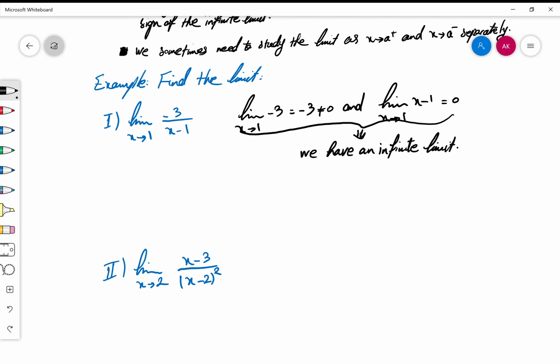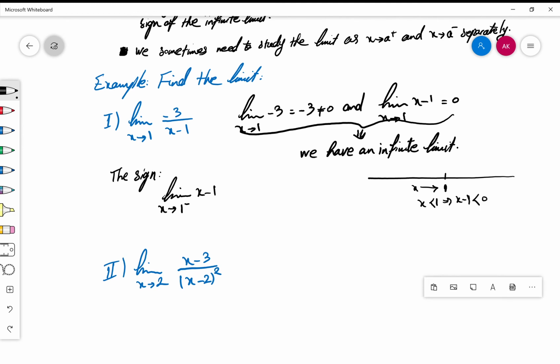Okay, this is an infinite limit. How about the sign? Well, we need to separate the limits. Limit of x minus 1 as x goes to 1 from the left: we are getting close to 1 from the left. Then x is always going to be less than 1. That means that x minus 1 is always a negative number.